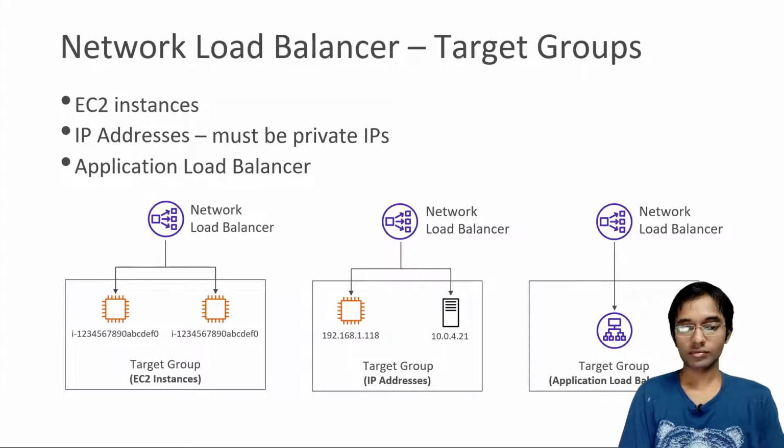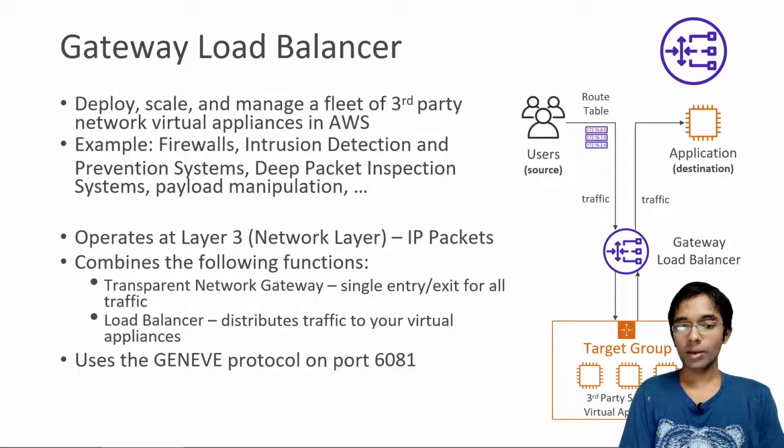Now the last kind of load balancer is the gateway load balancer. The gateway load balancer is used to deploy, scale, and manage a fleet of third-party network appliances in AWS.